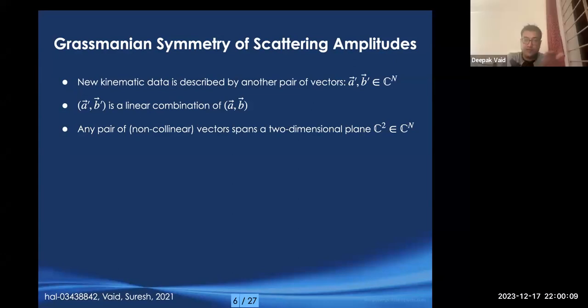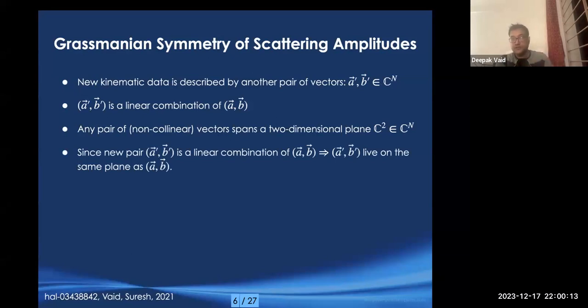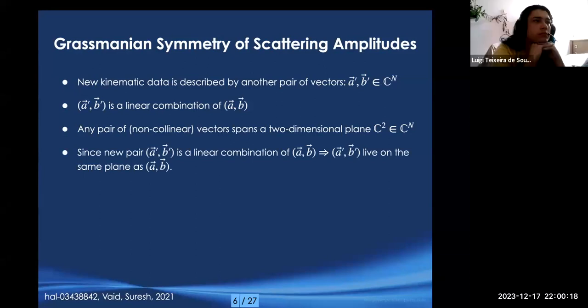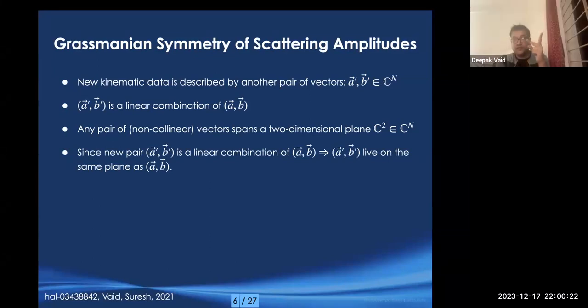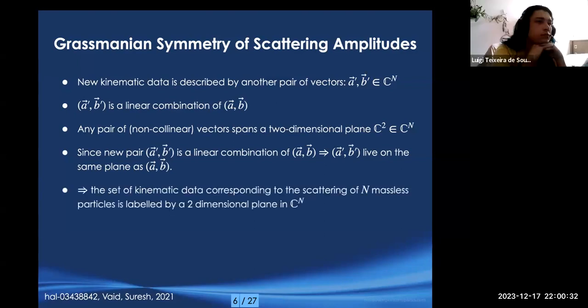So if you have A and B, they span a given plane. Now if you take a linear combination of A and B, your new vectors will also lie in the same plane. They can't go out of it.